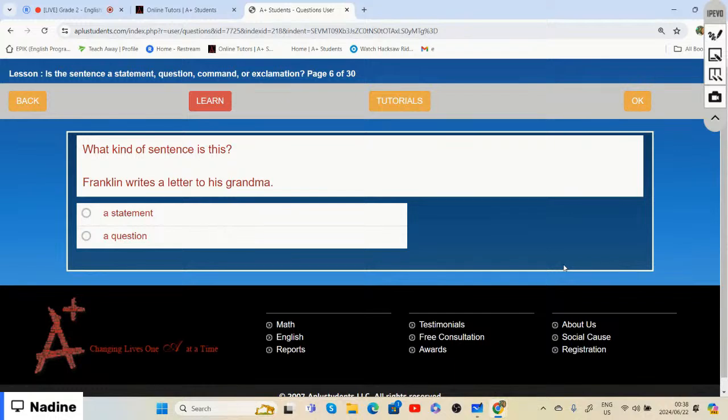So it says Franklin writes a letter to his grandma. What kind of sentence is that, can we see? Is it a statement that is being made, said, or a question that is being made? All right, so Franklin writes a letter to his grandma.